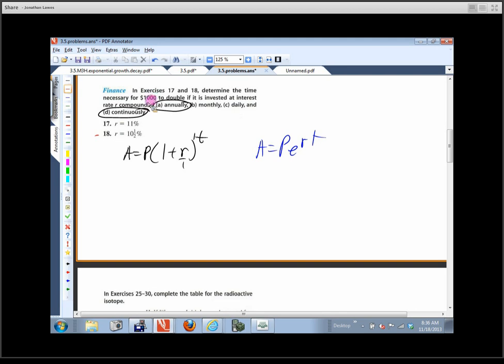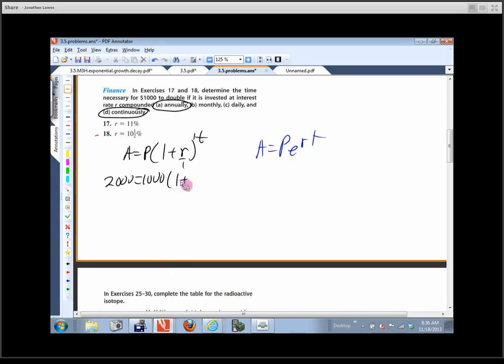So we're going to put in $1,000. What do we want to have happen to it? Over the time we want it to double. We want it to equal 2,000.